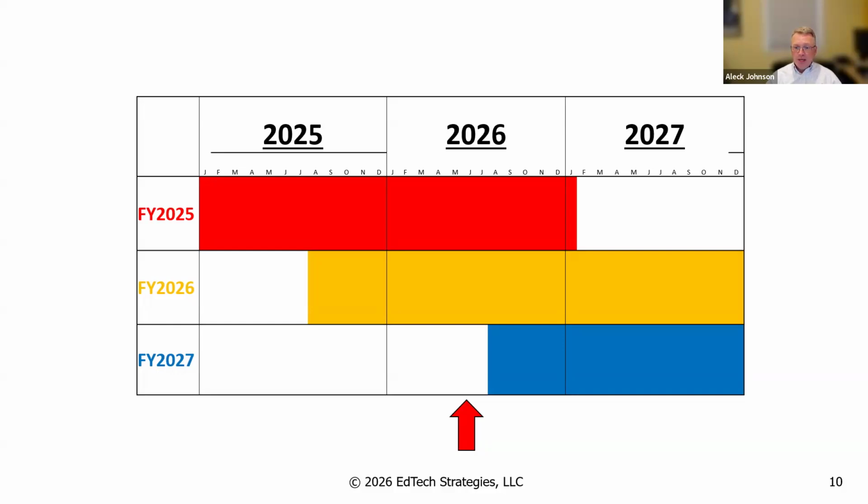For fund year 2026, you should have filed your Form 471 by now. With any luck, you've heard back from USAC and started the PIA review process that we'll be talking about today. The goal for all of those is, of course, to get your funding commitments as quickly as possible so that your service providers can provide you with service at a discounted rate, should you want to have your service provided on that basis.